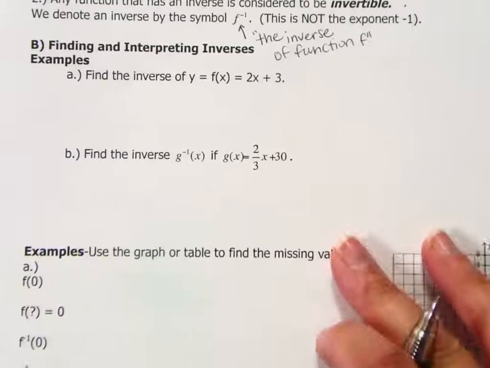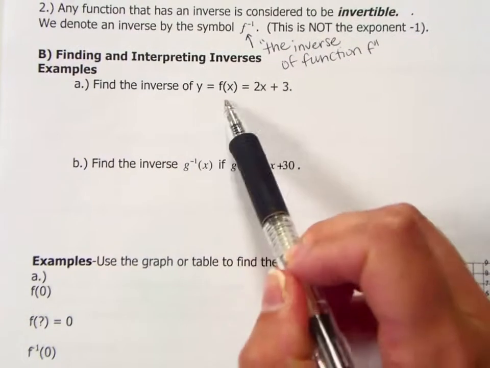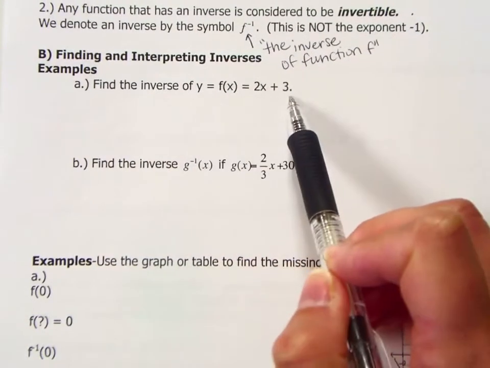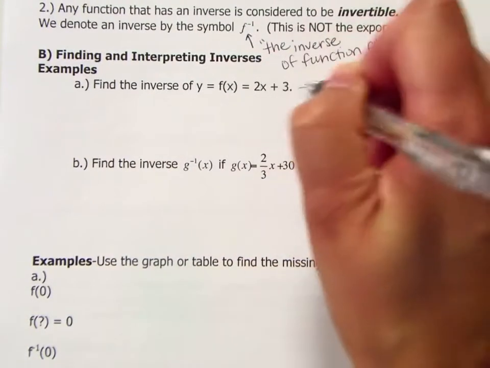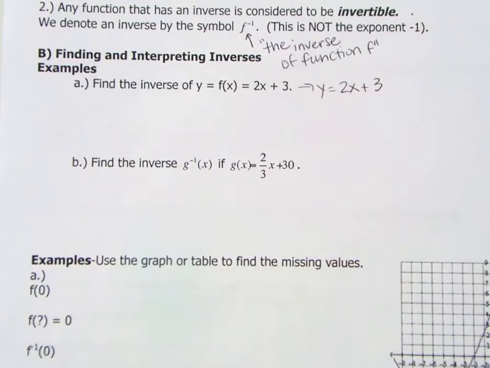Okay, so the first thing that we are going to look at is how to find the inverse of a function algebraically. So we have y equals f of x equals 2x plus 3. This is essentially y equals 2x plus 3.